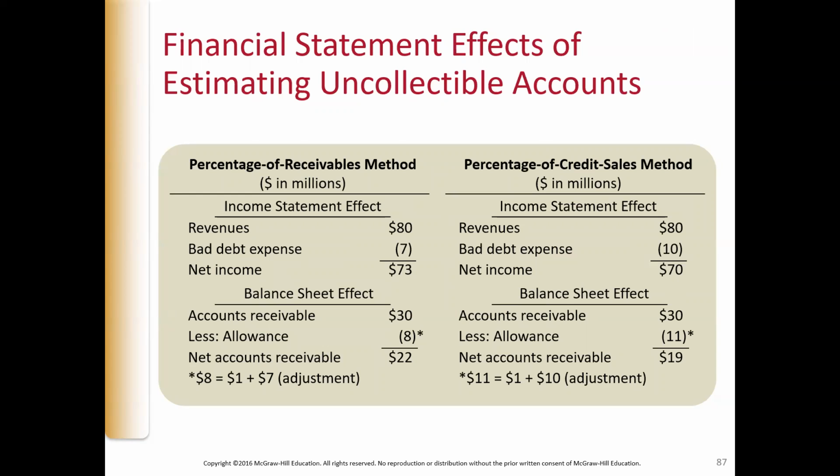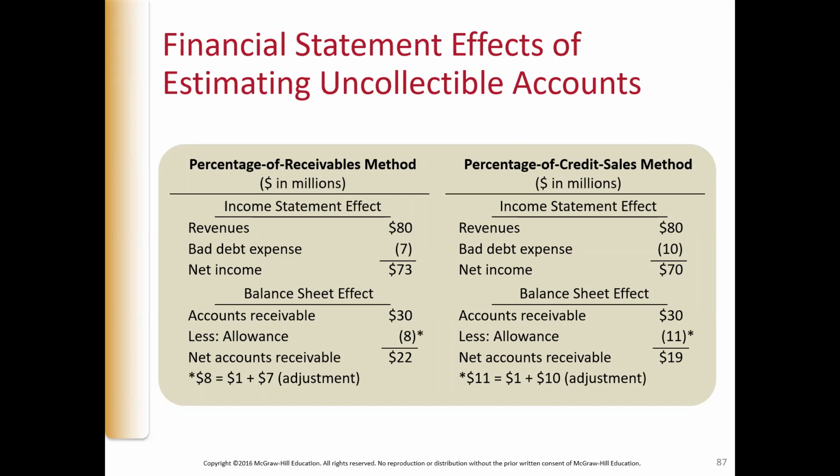Now, using the percentage of receivables, we know how that affects the income statement. The bad debt expense will be based on that balance in our allowance for uncollectibles. However, when we deal with the credit sales method, you see how that 1 million affects the balance sheet.